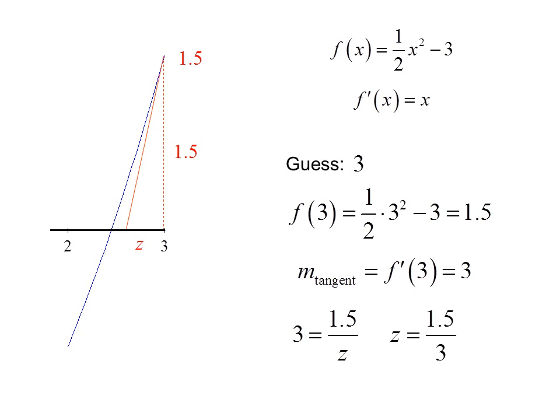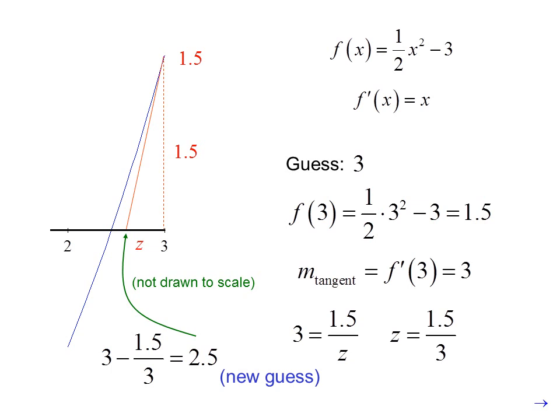So z must be 1.5 over 3. So we can locate this point by taking 3 minus 1.5 over 3, or 2.5. And I have not drawn this to scale because I needed room to show you the next step.